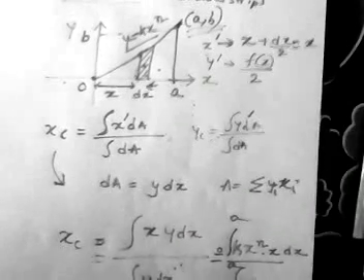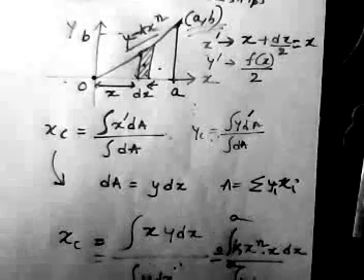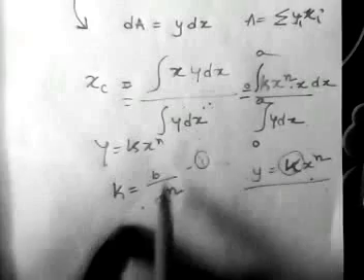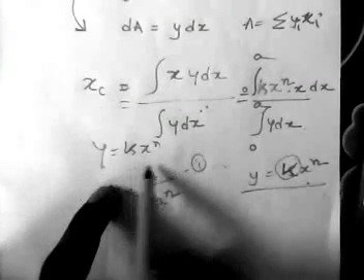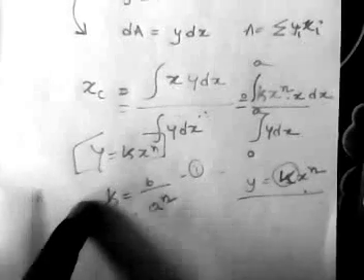Now from this, you have to find the value of k. How will you find it? We have to satisfy any point on the locus, and you have this point which has both coordinates a and b.